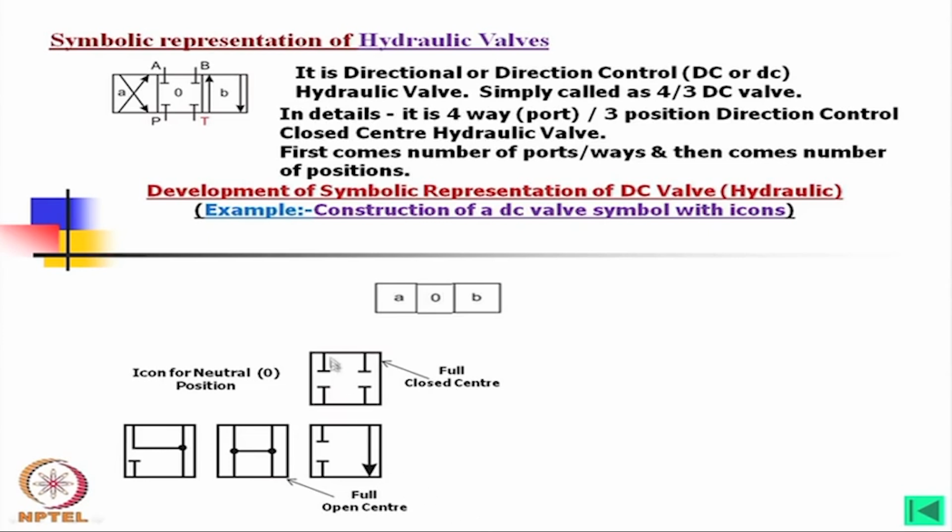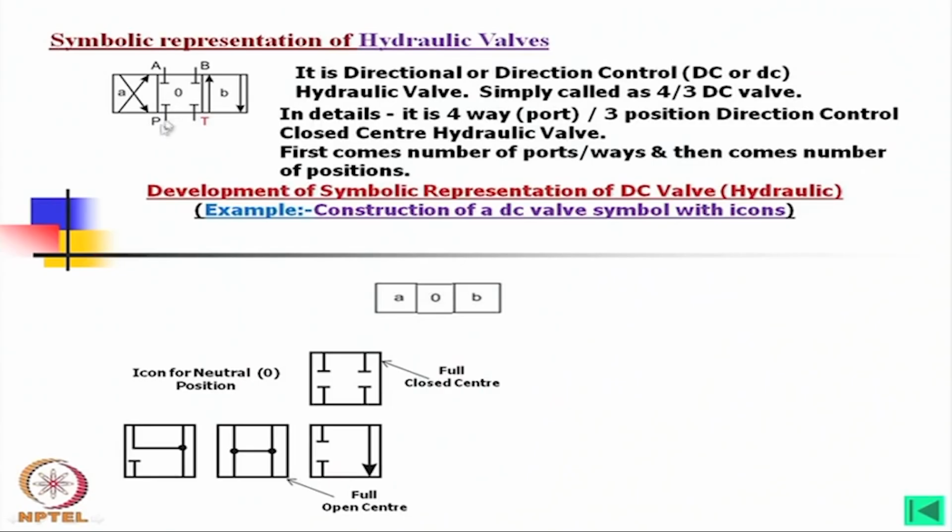Now, this means that in the middle there are A and B ports which can be connected to 2 sides of the actuator. One is input, another is output, or vice versa for the reverse motion. Whereas P indicates it is connected to the pressure, that is the pump. This P actually indicates pressure, not pump, but we can say it is connected to the pump, and T is to the tank. This is for the drain.